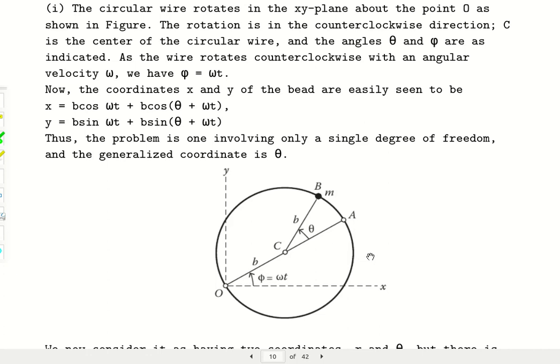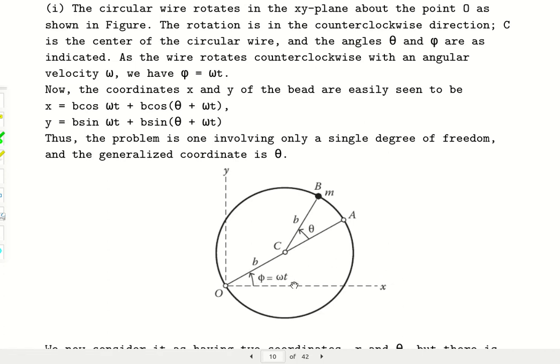The wire is rotating with an angular speed omega with respect to the point O in the xy plane. So the angle omega t will be described by the diameter with respect to the x-axis. The x-axis is the position of the diameter OA when there is no rotation, when the system is just static.